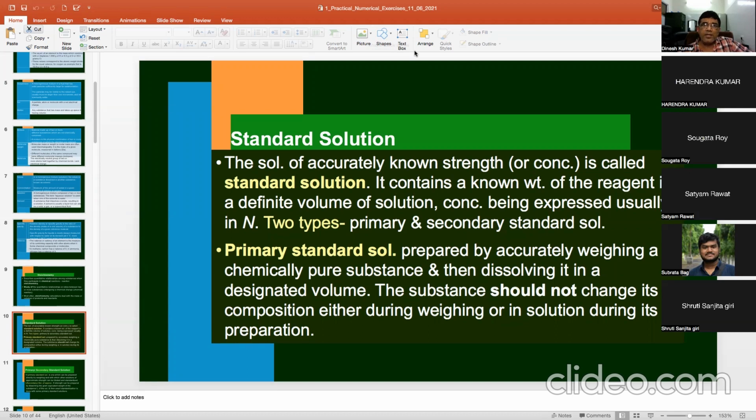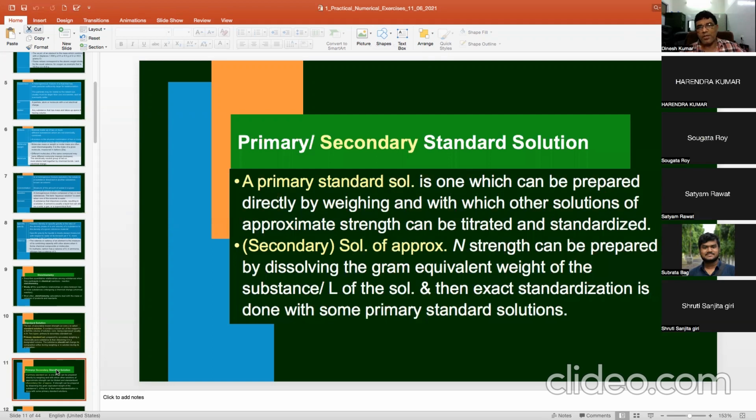And one normal strength means you have dissolved 1 gram equivalent weight of a substance in a liter of solution. So I think now you understand what a primary standard solution is.